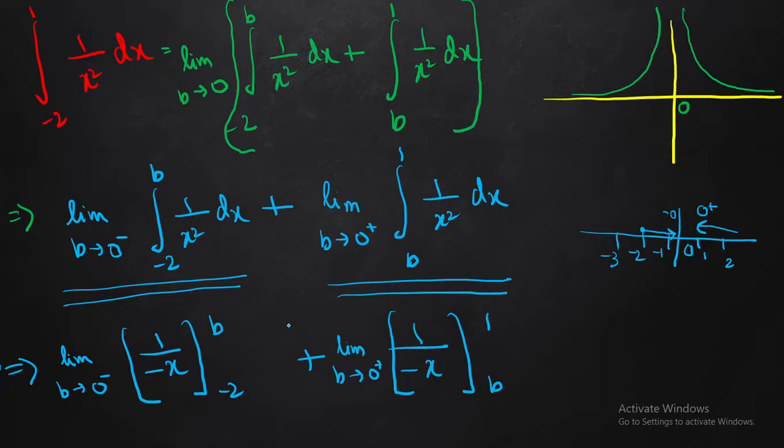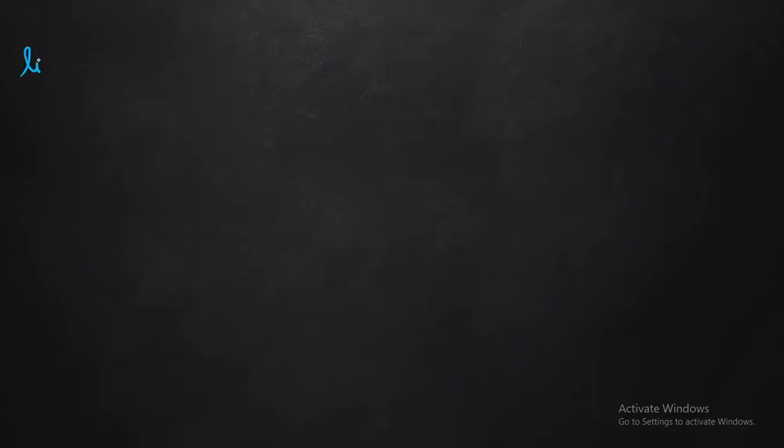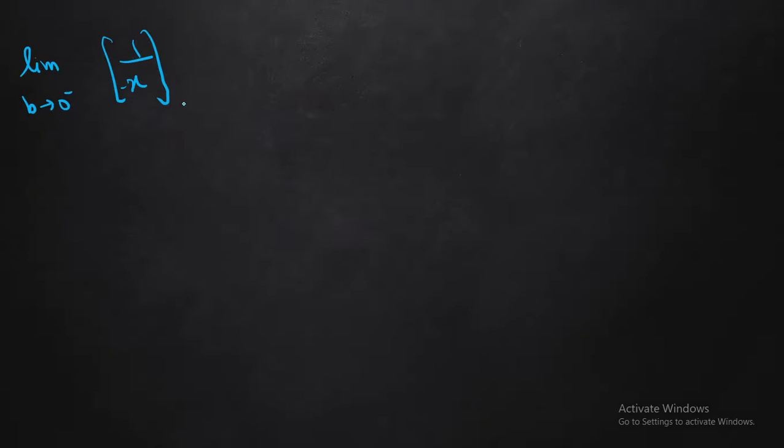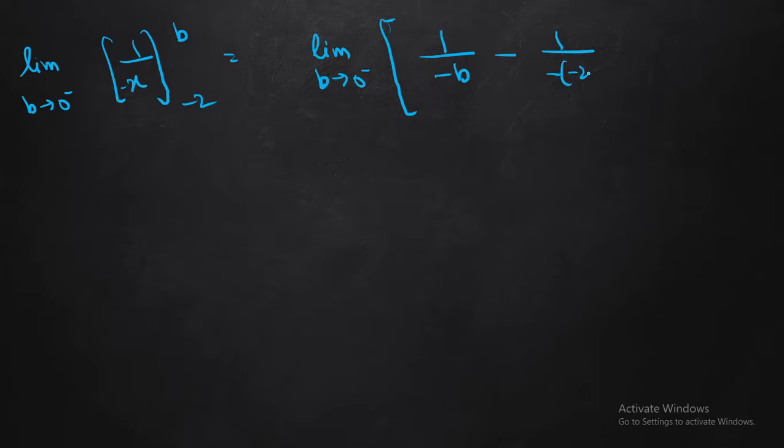So let's see what happens when we solve this part, that is limit b tends to 0 minus, 1 by negative of x from -2 to b. So this is equal to limit b tends to 0 minus, the bracket for the limit part I am giving, upper limit minus the lower limit, that is 1 by negative of b minus of 1 by minus of -2.